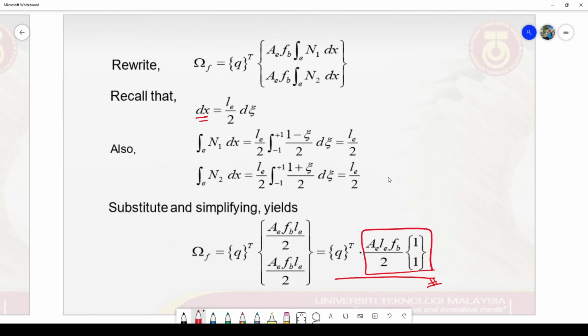The total force that we have here contributes from the body force plus the traction force plus the point load.